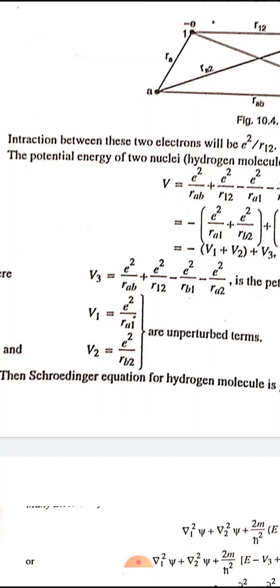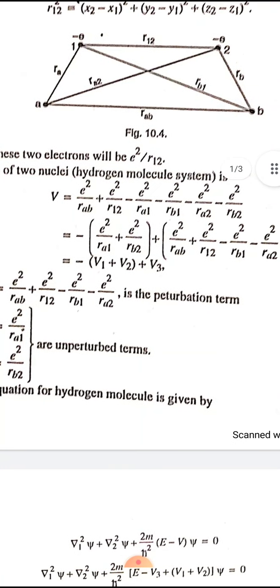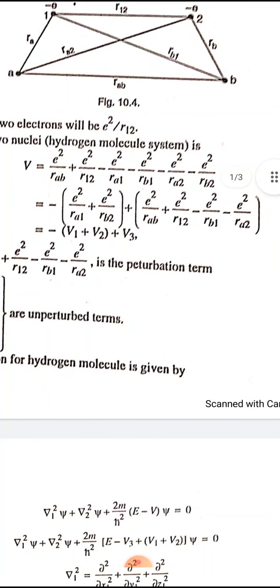The potential energy of the two nuclei is written as e squared by rAB, e squared by r12, minus e squared by rA1, minus e squared by rB1, minus e squared by rA2, minus e squared by rB2. This expression is further rearranged: within the first bracket, minus of e squared by rA1 plus e squared by rB2, and within the second bracket there are 4 terms, out of which 2 are positive and the last 2 are negative.